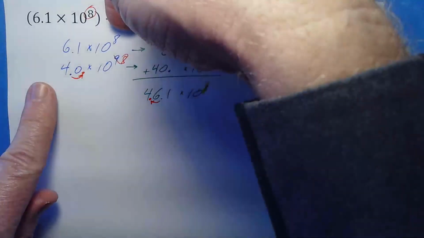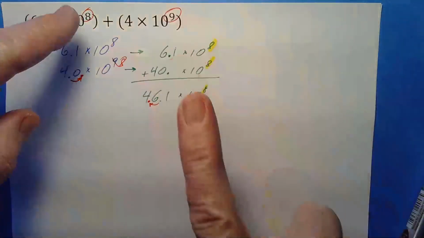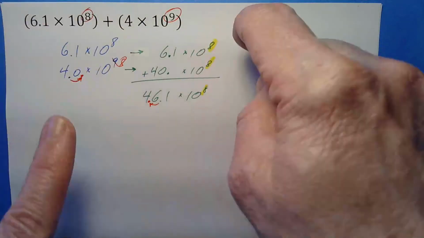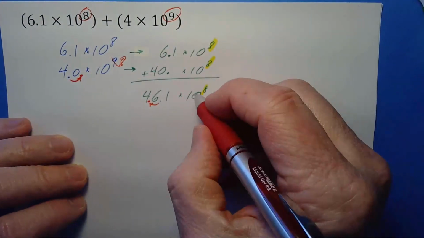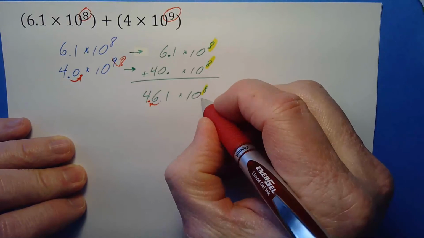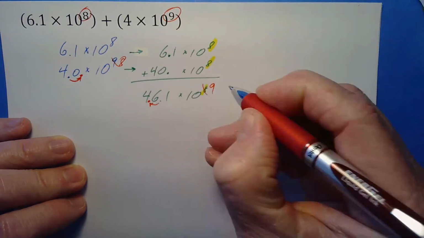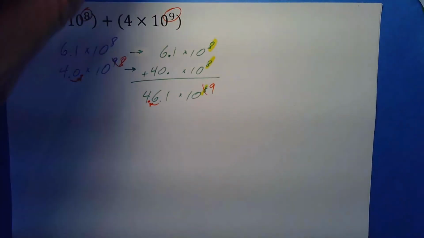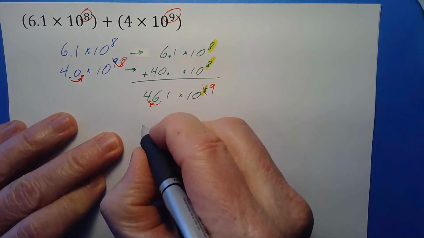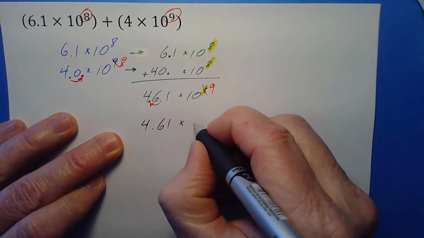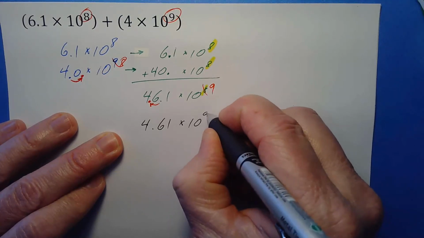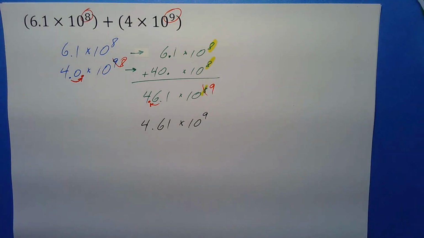Either, like in this case, this one got bigger and that one got smaller, or here, smaller and bigger. But they're always going to go in opposite directions to counteract each other. So this then turns into a 9, and our final answer is 4.61 times 10 to the 9th. All right, cool.